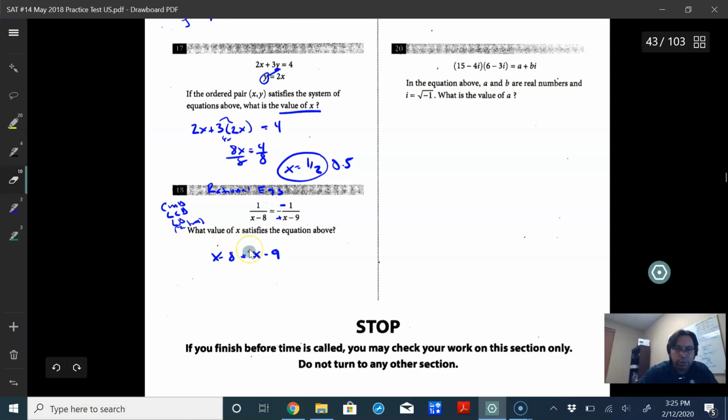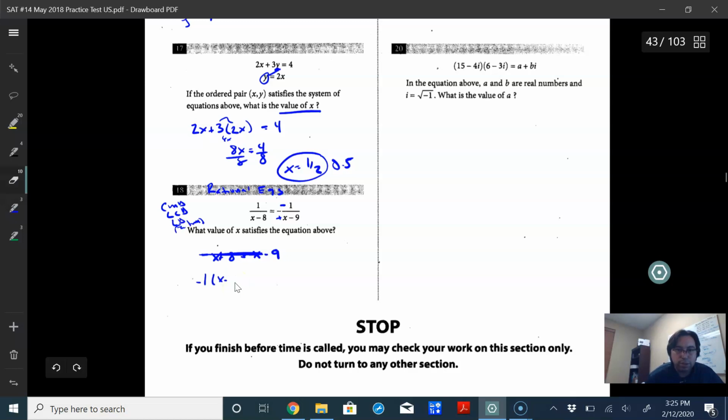So let me try this. The negative should be assigned to this one, because that is the negative 1 times x minus 8. So this makes this a negative here and makes that a positive 8. So let's try that again. That's going to be negative 1 times x minus 8, so that you can see a little bit better.